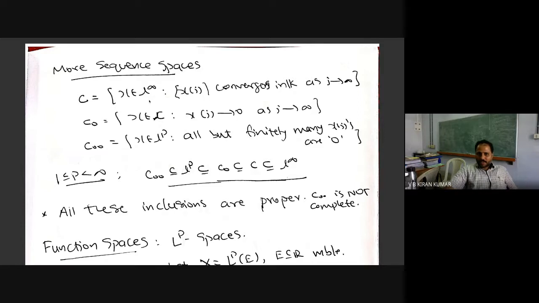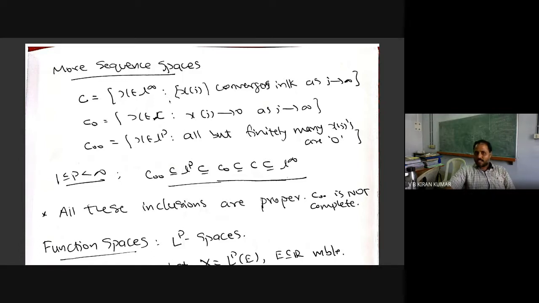So you start from all x in L infinity with xj converging in K as j tends to infinity. When xn and yn are convergent sequences, their sum is also convergent. So this is a subspace of L infinity, and of course you can inherit the norm there and make it a normed linear space.